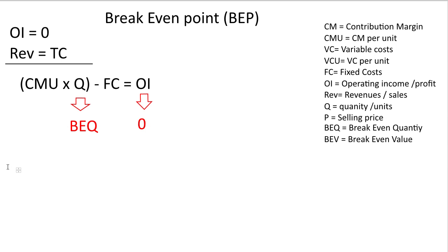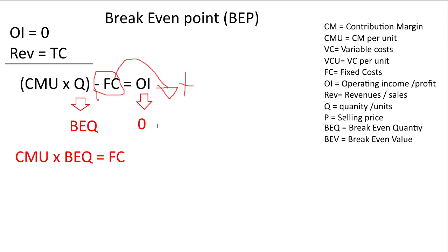So let's rearrange this. Now we know that the contribution margin per unit times the break-even quantity is equal to fixed costs. Why can I say this? Well, look, I can take my fixed costs and move it over here, and it becomes a plus, becomes a positive.